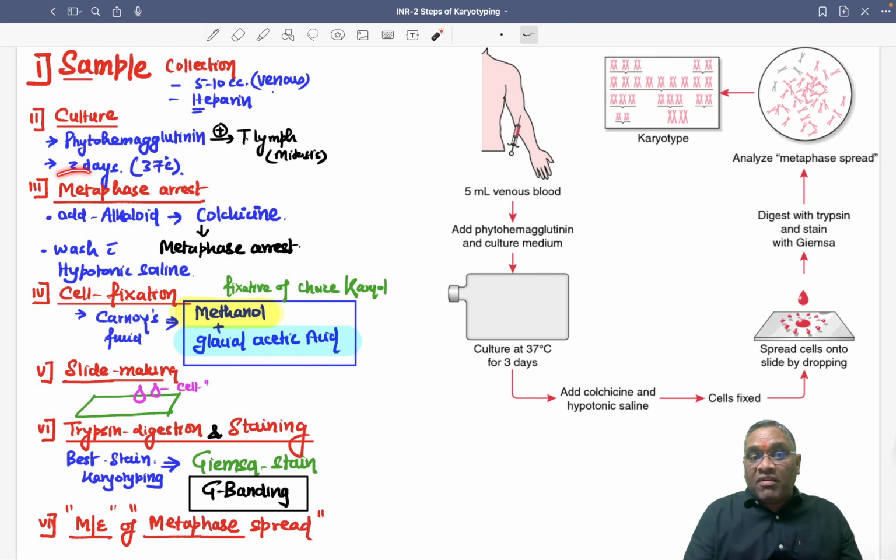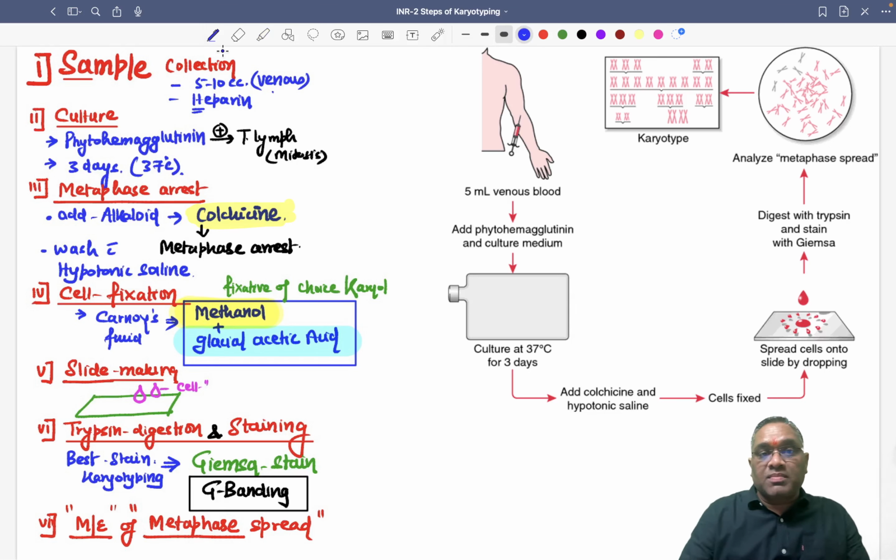The third step is metaphase arrest. What will be used for metaphase arrest? We are going to add an alkaloid. Which alkaloid? That is the question in the exam. Please remember, colchicine alkaloid will be used for metaphase arrest.